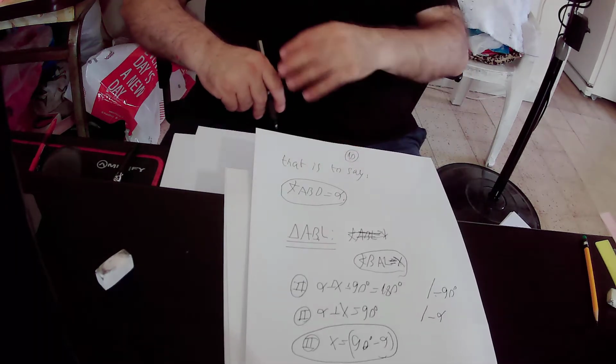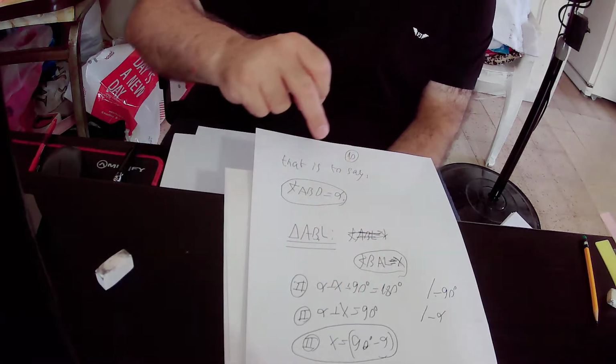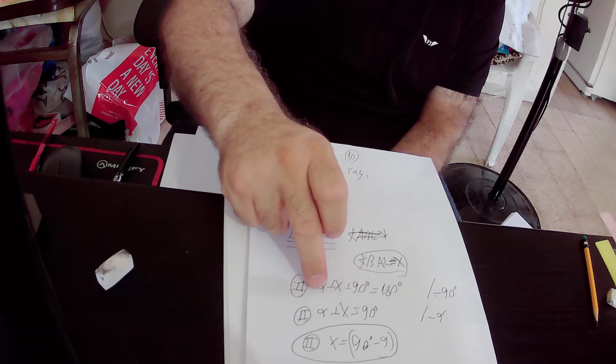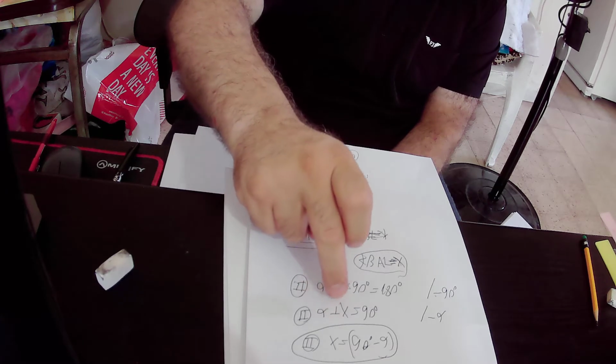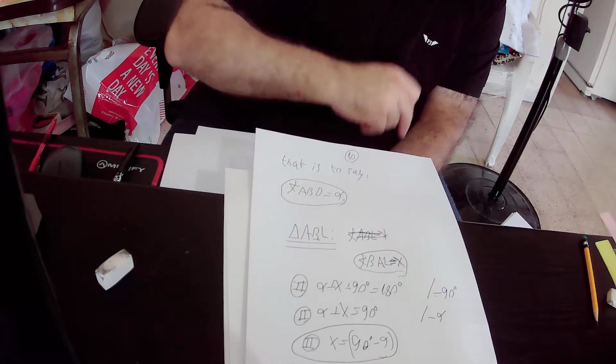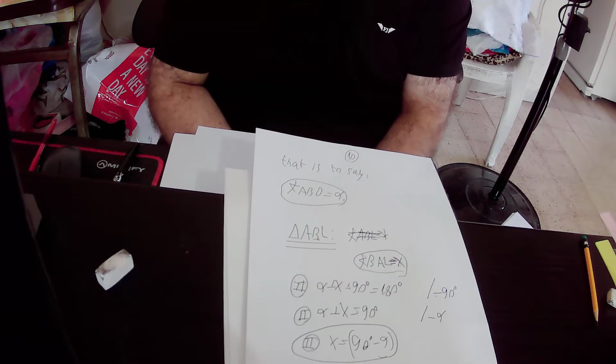We subtracted alpha from this equation, so alpha plus x minus alpha equals x, and 90 degrees minus alpha equals 90 degrees minus alpha. So we got that equation number 2 states that the angle x equals 90 degrees minus alpha.